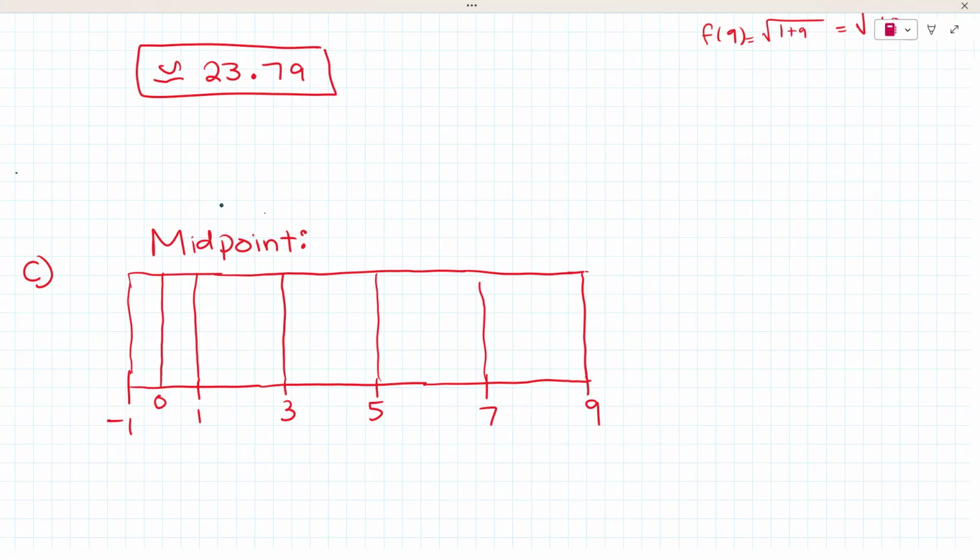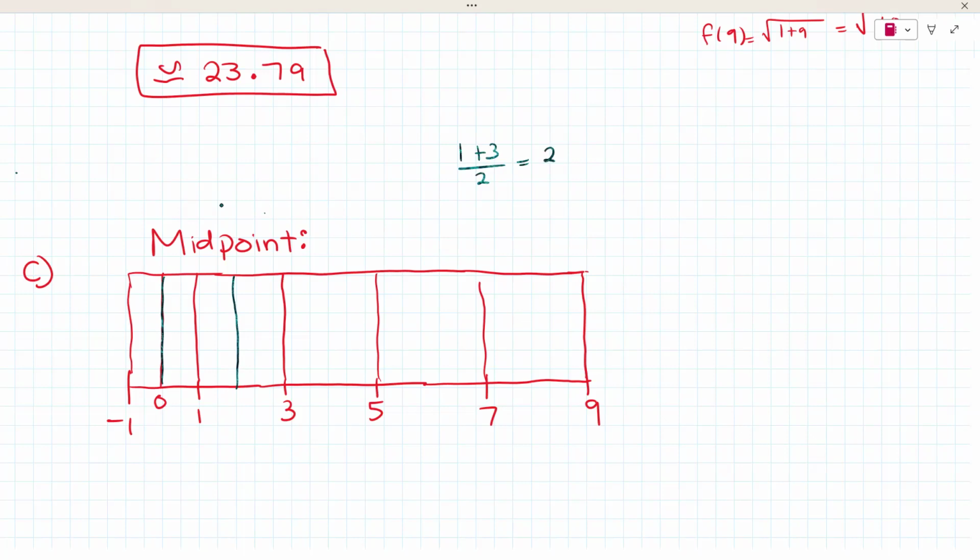So what's the midpoint between -1 and 1? 0. And what is the halfway point between 1 and 3? 2. And if you don't know, sometimes it could get confusing. What you do is just take the average between the numbers. So for example, the midpoint between 1 and 3 is you add 1 and 3 and divide that by 2, and that is how I got 2.